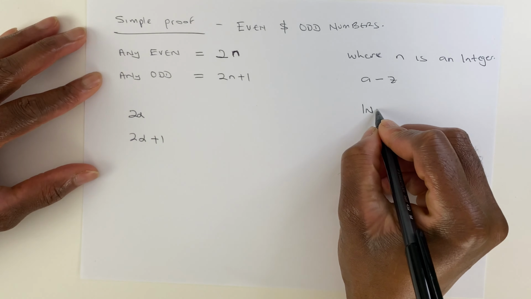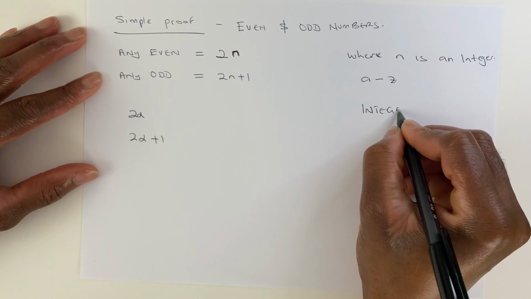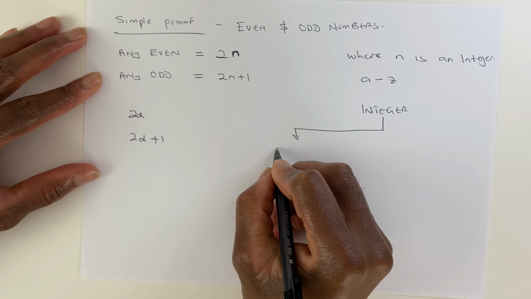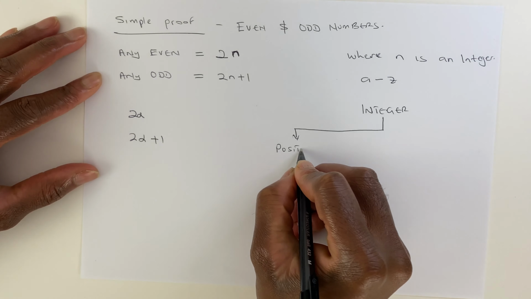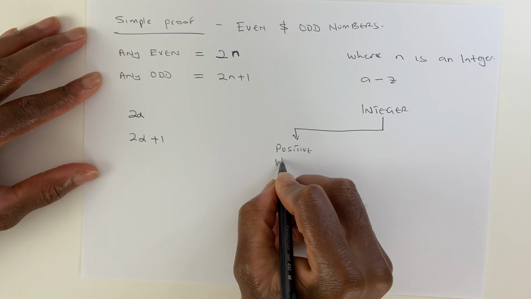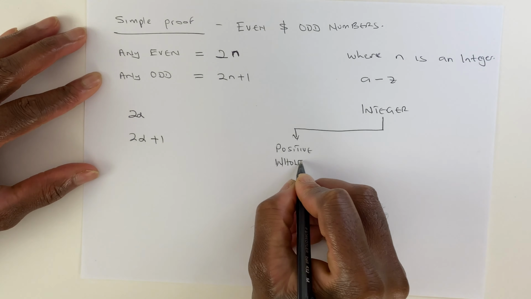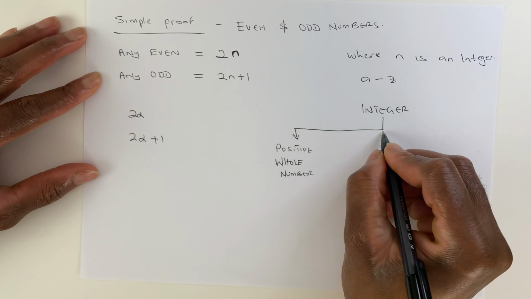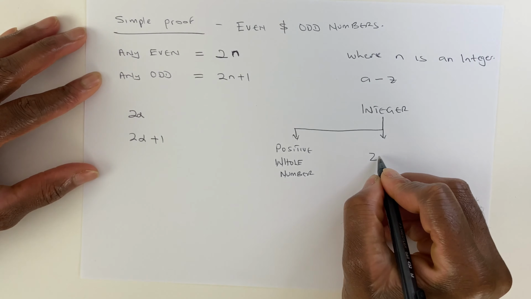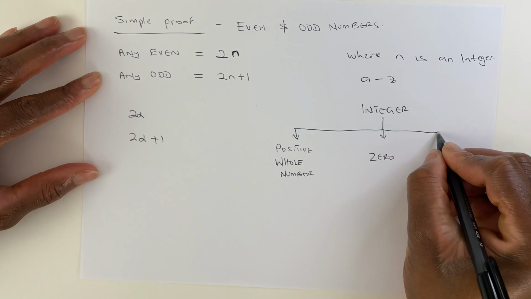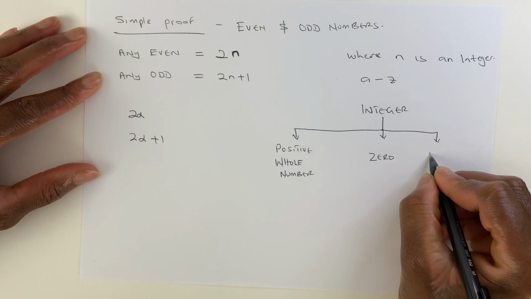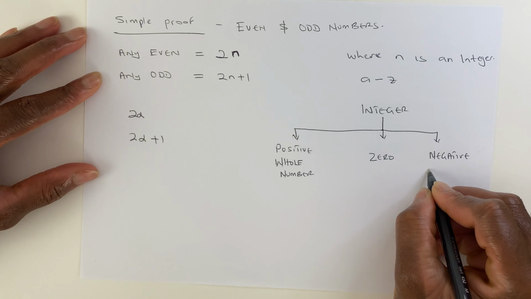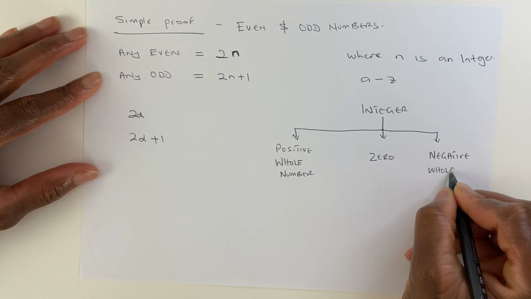Definition of an integer, just to remind you, is a positive whole number, zero, and a negative whole number.